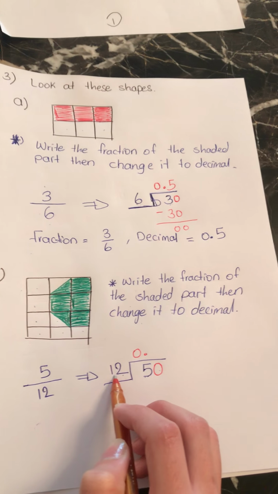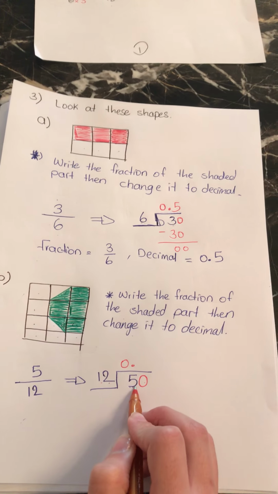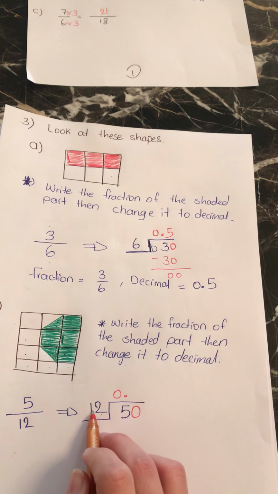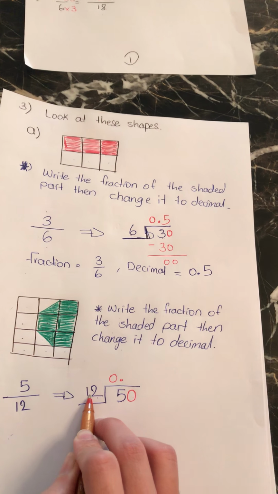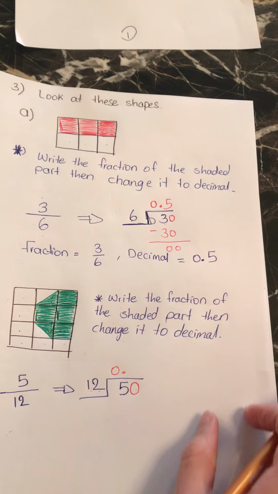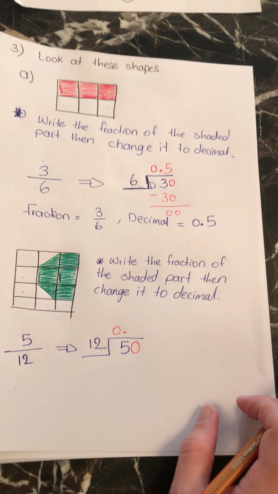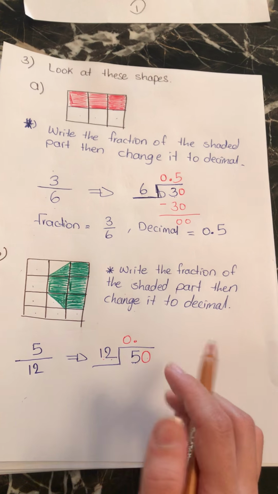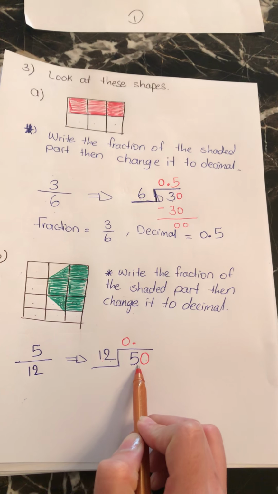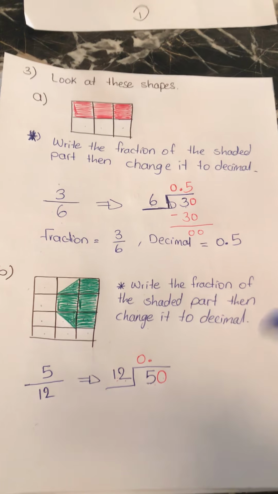As I told you before, if you couldn't do this one, you can try to do the multiplication of 12 on one side of the paper until you get to a point that is close to 50.